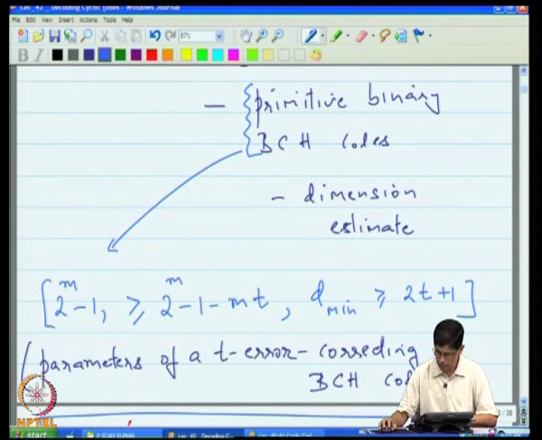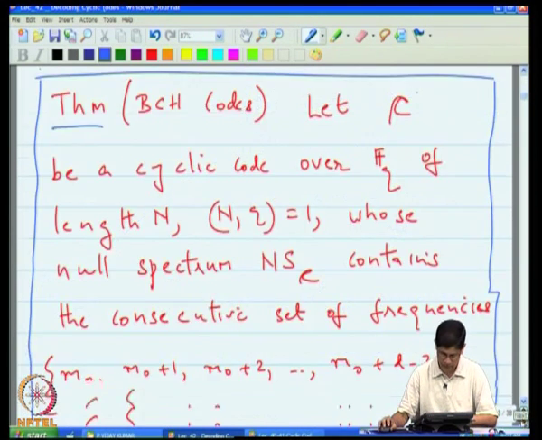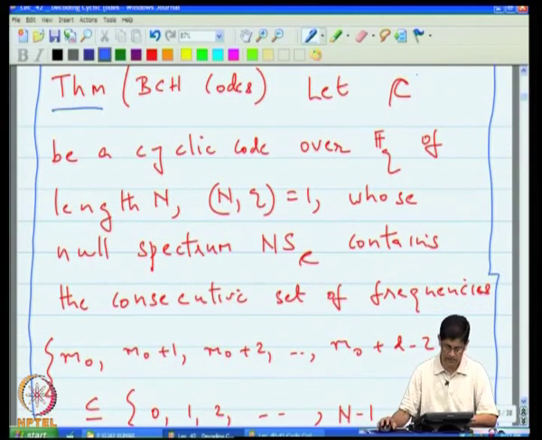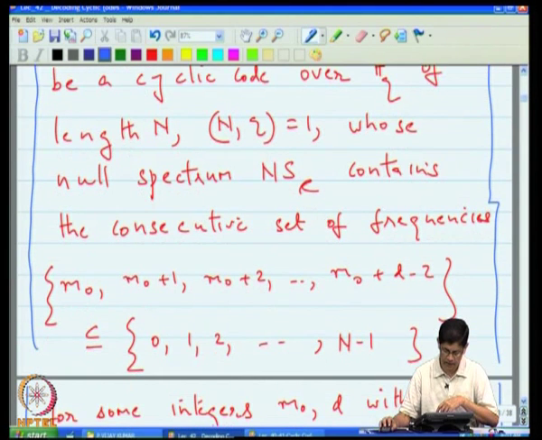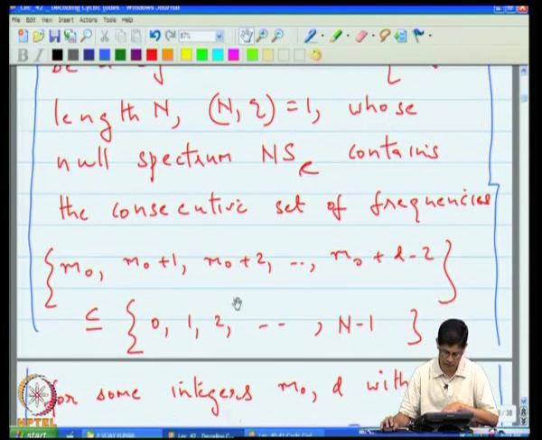I just want to make one comment before I come back to this. In our last class we had a lecture in which I discussed a class of cyclic codes where you had the usual conditions, and then I put in the additional condition that you have a string of d minus 1 zeros.